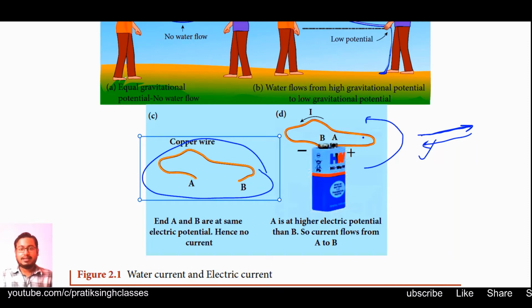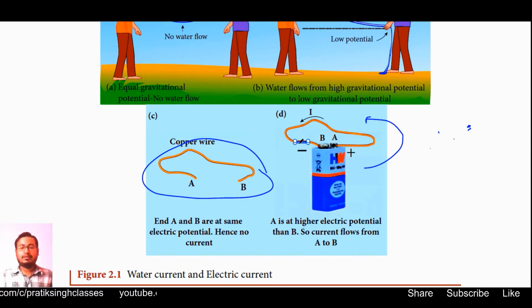Fine. So what happens here is that when the wire is attached to the battery, the circuit is closed and the battery is switched on, the charges will come out of the negative terminal of the battery and push the free electrons available in the wire in the forward direction.